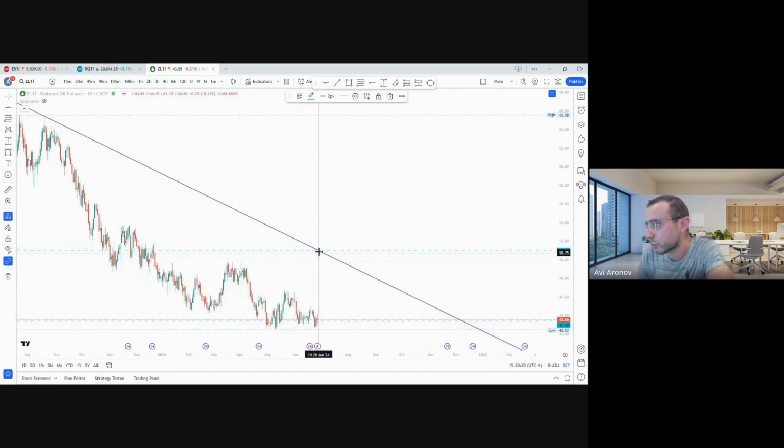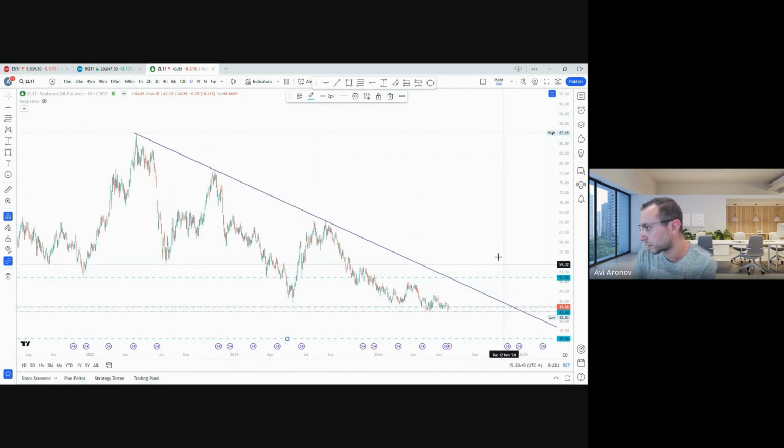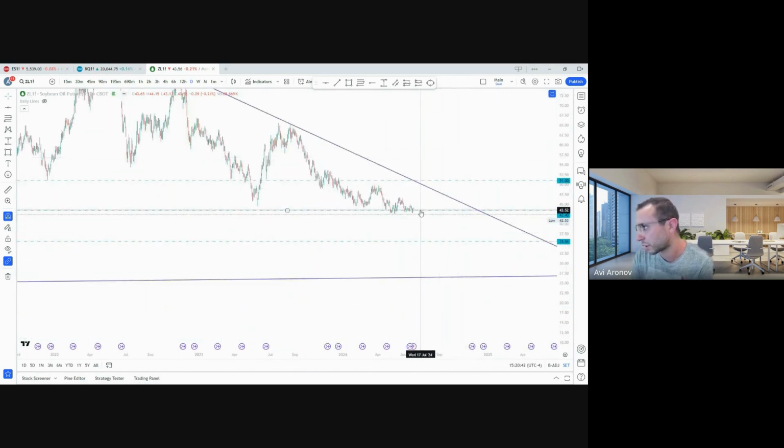Obviously, if it hits here, that will be a very strong confirmation to short, but it's not going to happen anymore. So we might be seeing some type of sell-off continuation to here, and then it will come somewhere here. If it does, that will be ideal, so we will be able to sell off here.